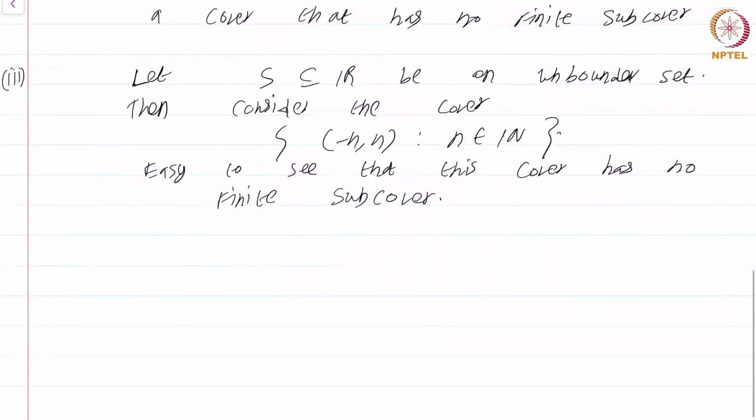Okay. A fourth example: consider the set {1/n} union the set with 0.